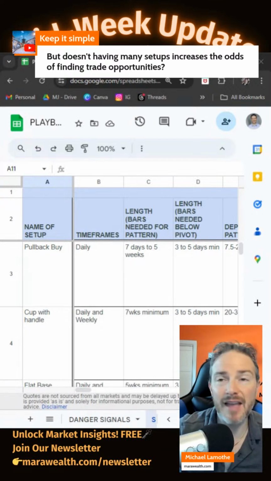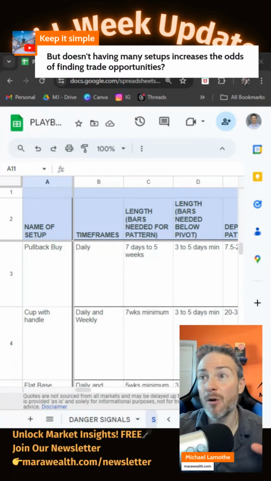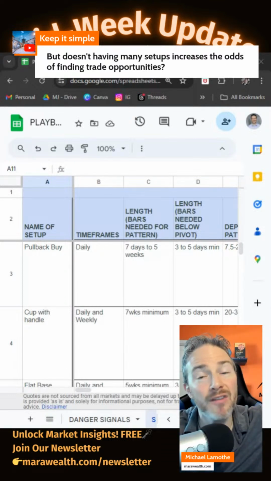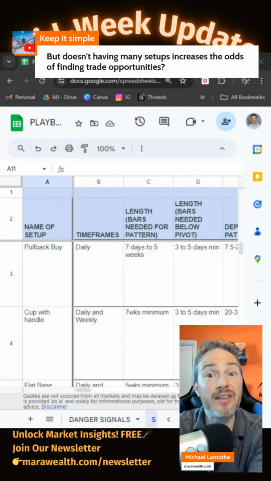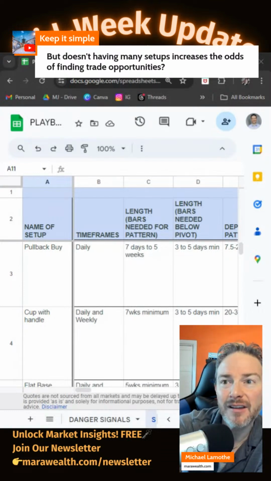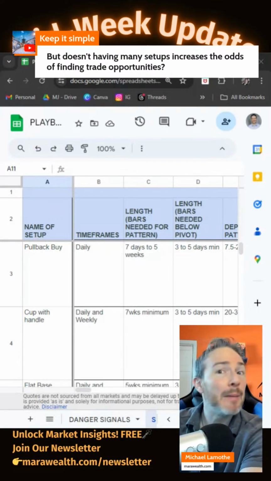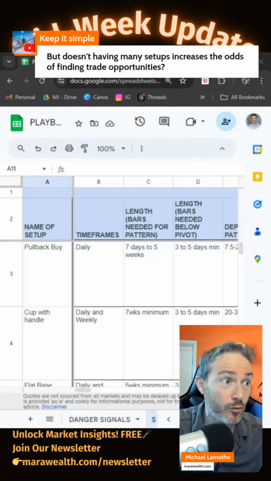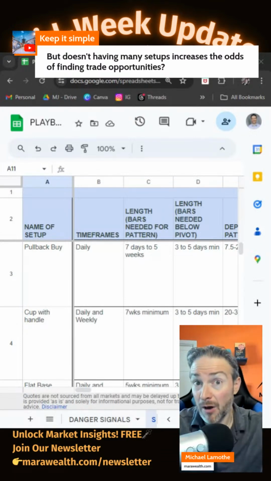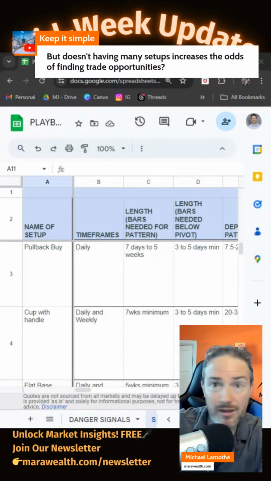Then what tends to happen is people have all sorts of what they'll call creative license or artistic license when they're looking at charts, and then they'll say, you know what, this one's close enough. And then they'll just buy it, and maybe sometimes it works, other times it doesn't work, and you just bounce around. Your equity curve bounces around sideways for years and years and years.